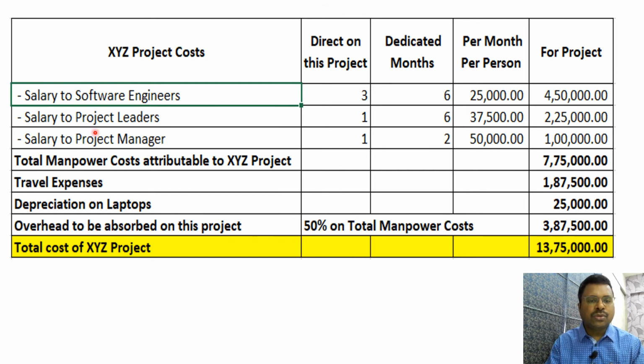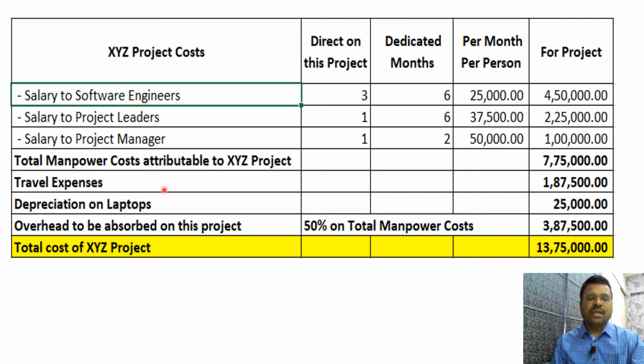And coming to salary to project manager, there is only 1 project manager in the system as given in the problem, and this particular project manager has worked for 2 months on this project and salary for him per month is 50,000. So his cost allocated to this particular project is 1 lakh. All these 3 are direct cost, directly attributable, identified cost. So the total manpower cost is 7,75,000.